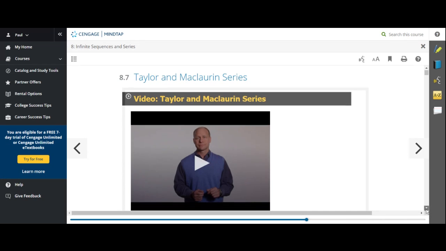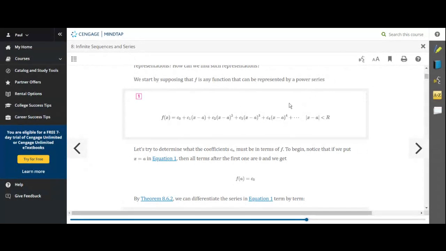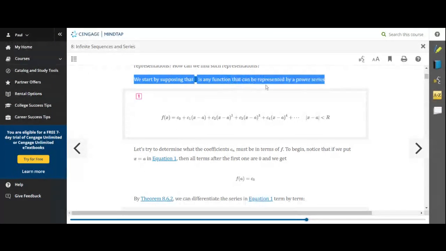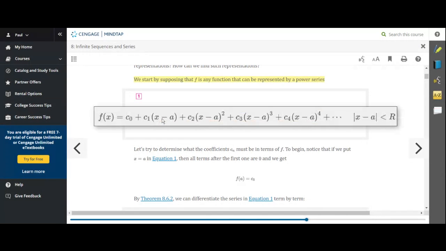Well, let me start here: we suppose that any function can be represented by a power series in this form.